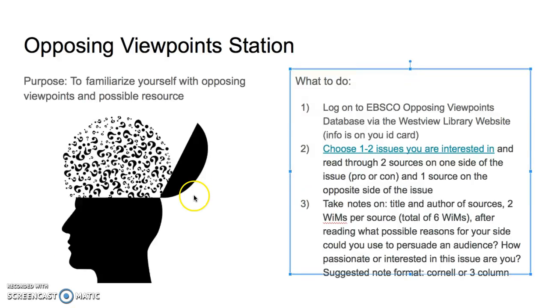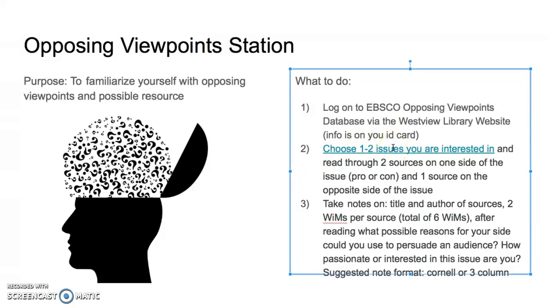So what to do, go ahead and log on to EBSCO Opposing Viewpoints in a separate tab, and you get there via the library website, and you'll need your ID card to log on. Once you've got EBSCO Opposing Viewpoints open, you're going to want to click on this Choose 1 to 2 Issues link.